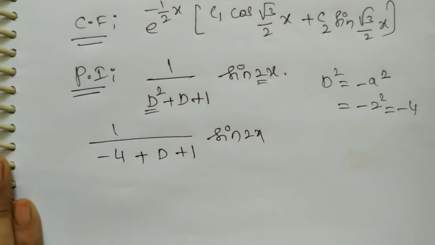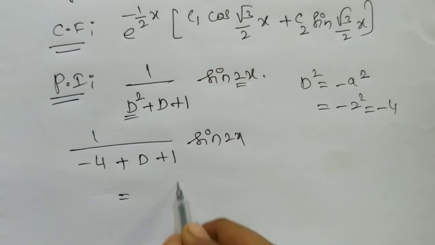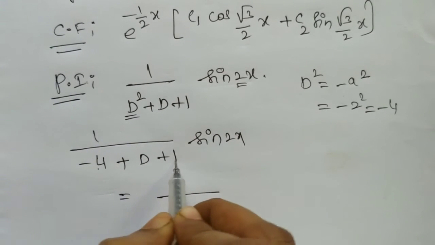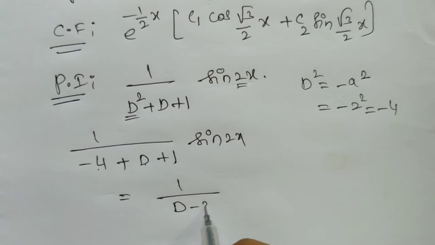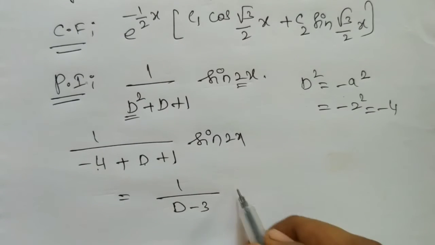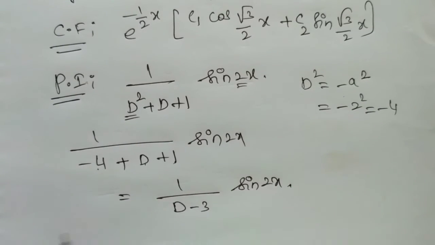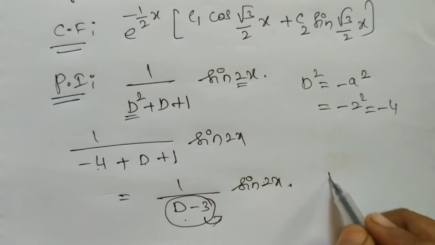So that is equal to 1 by minus 4 plus 1, minus 3. So that can be written as D minus 3 sin 2x. Here actually this is not in the form of D square plus a square.